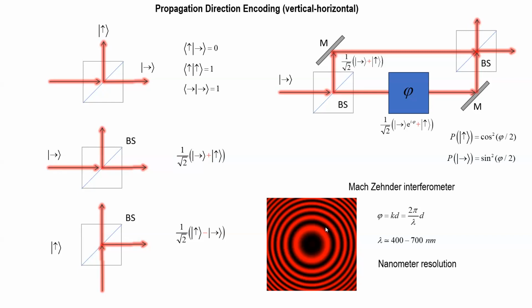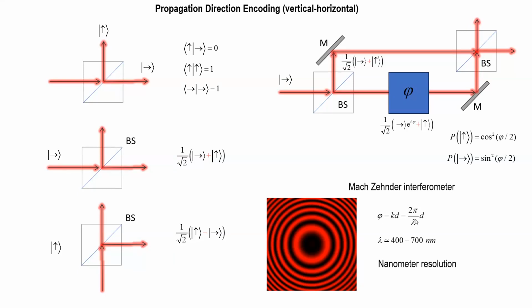It's very important that this interference pattern is very sensitive to the value of this phase. At the same time, the value of this phase is defined by the product of the wave number and, for example, the distance that light travels through this P gate, which again can be just a piece of dielectric.